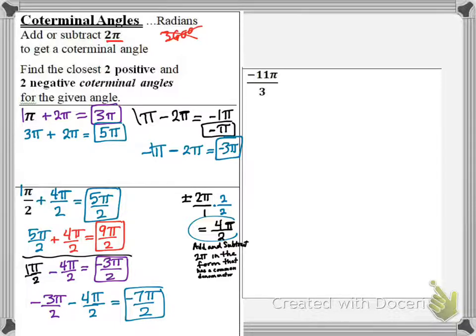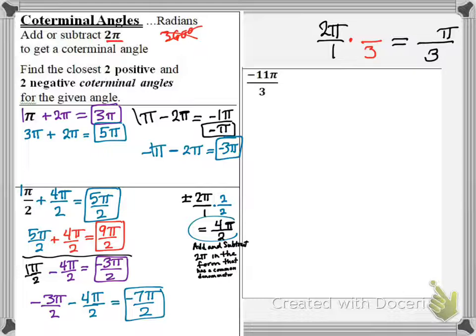I have one up here that is negative. So I'm going to add to it. It's going to be adding and subtracting 2 pi again. But remember that 2 pi over 1 has to turn into something with a 3 on the bottom and a pi on the top, which means I need to say, what will I need to multiply to turn the bottom into a 3? 3.